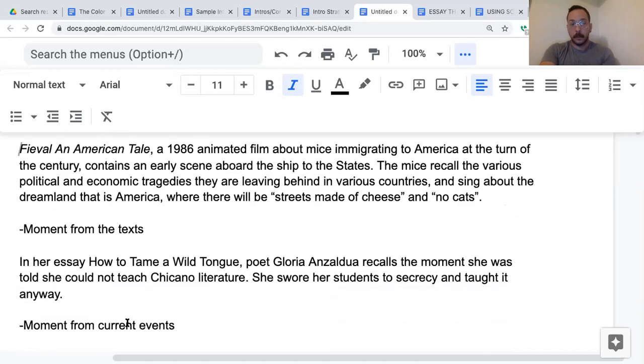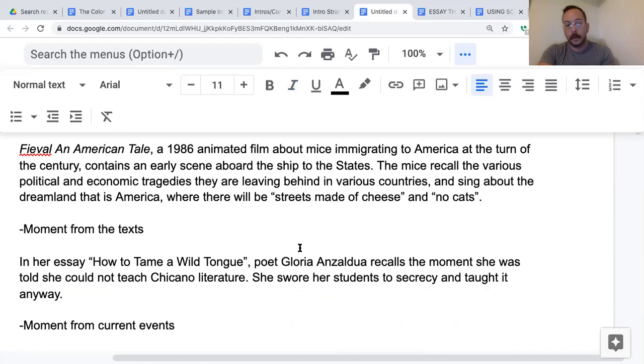Let's do another one. Let's say I want to choose a moment from one of the texts that we have read. In her essay, How to Tame a Wild Tongue, poet Gloria Anzaldúa recalls the moment she was told she could not teach Chicano literature. She swore her students to secrecy and taught it anyway, right?